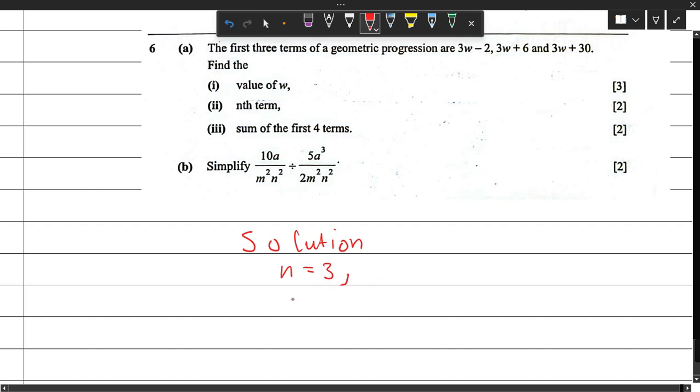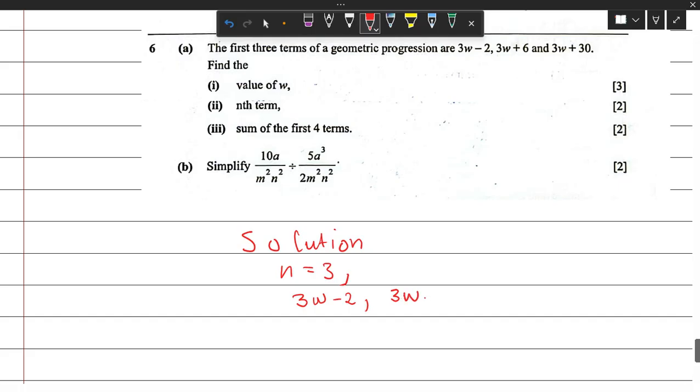Okay. So term number 1 is what? 3w minus 2. Second term is what? 3w plus 6. Then you have a third term, 3w plus 30. Okay. So these are our terms.